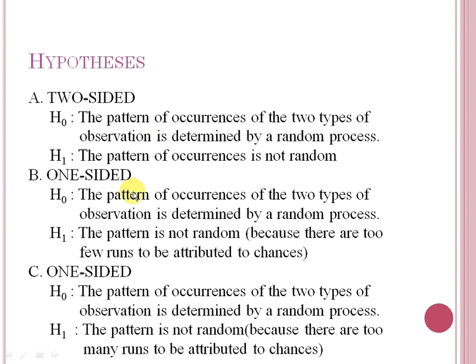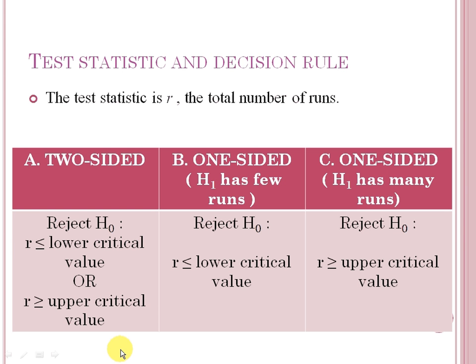We have the two-tailed case and the one-tailed case. For the two-sided case, H0 is that the pattern of occurrence is random, and H1 is that the pattern is not random. For case B, H1 is not random because there are too few runs, and for case C, it is not random because it has too many runs.